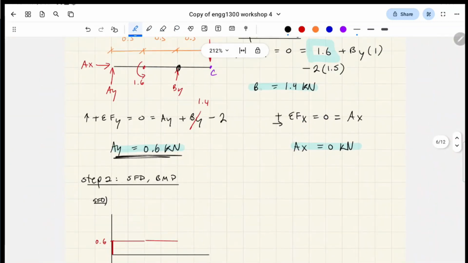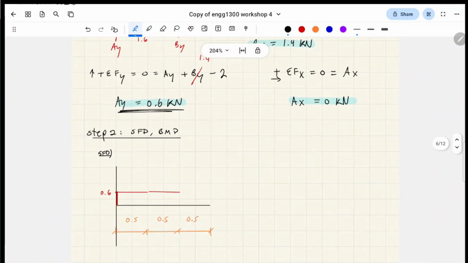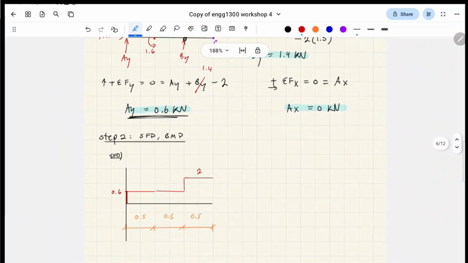Sorry, I think I raised too much here. Yeah, and that causes it to go up again by 1.4, right? So that jumps up 1.4 here. But what I like to do is just write the total.